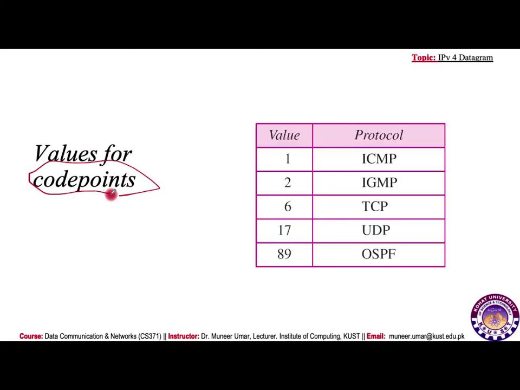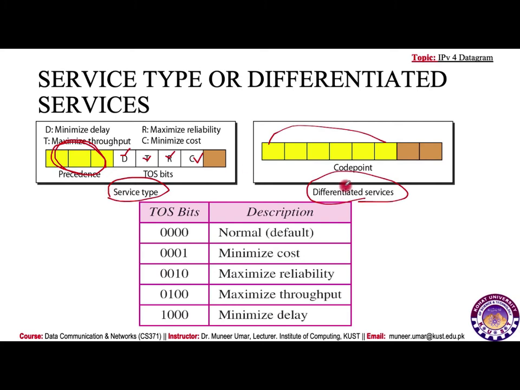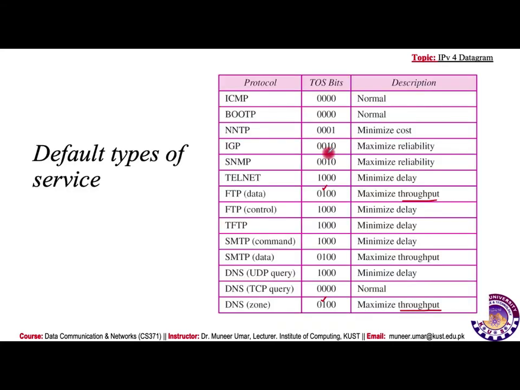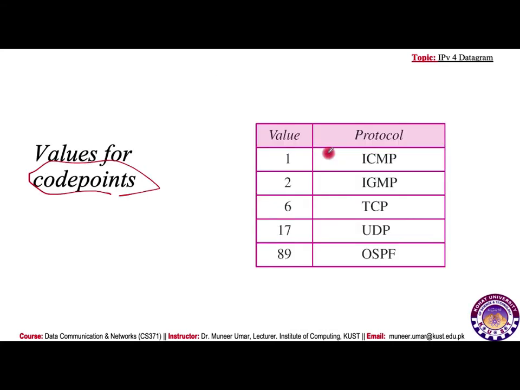For the code points here, if we are using differentiated services under type of service, we have some values here for some protocols.